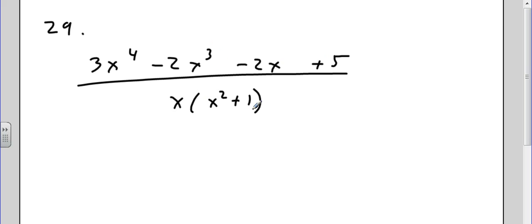Now, in everything we've done so far, the guy on top is a lesser order than the guy on the bottom. Now I've got the higher order on top, so now I'm rather hosed. I wonder what I'm going to do.